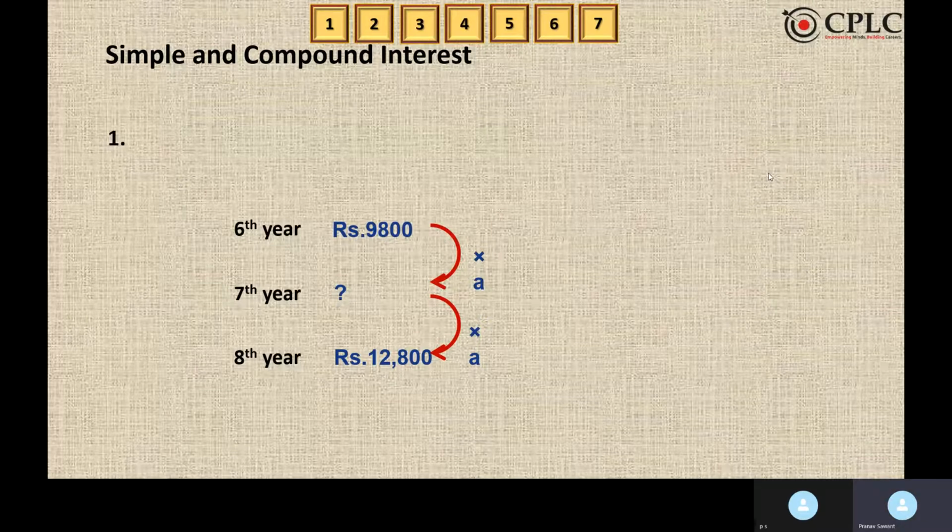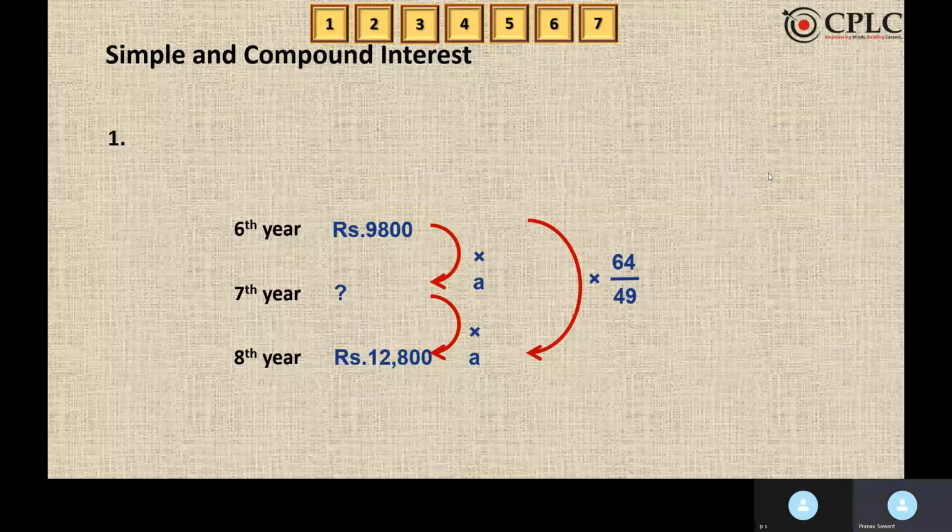After multiplying the ratio twice, I am getting the amount for the eighth year. So we will simply take the ratio of the eighth year to the sixth year, that is 12,800 upon 9,800. Let's take the ratio. The ratio is 64 upon 49. Remember, we have multiplied the ratio twice.